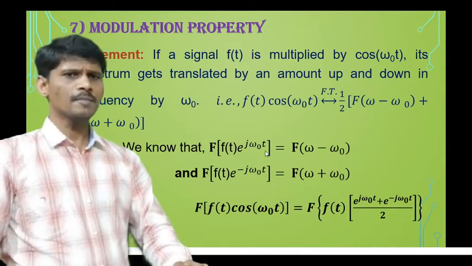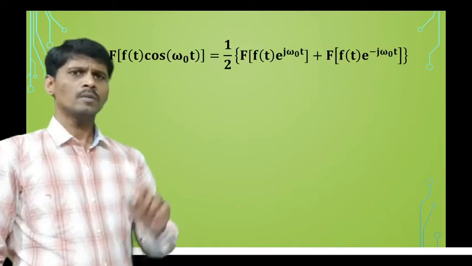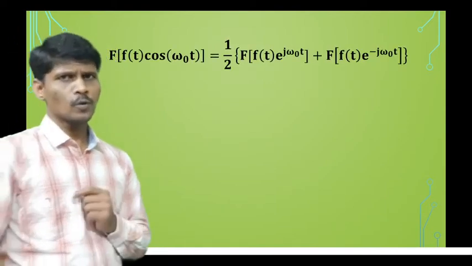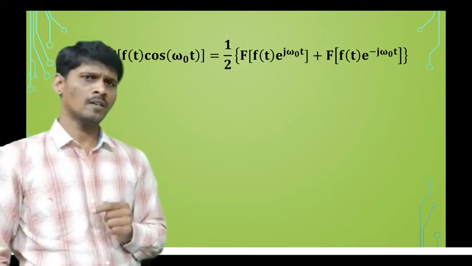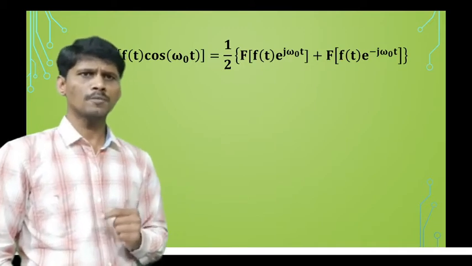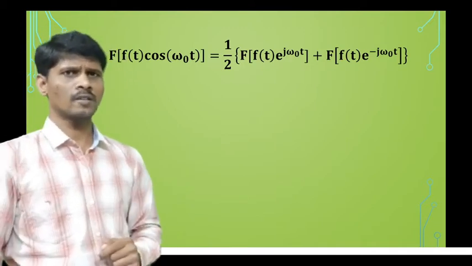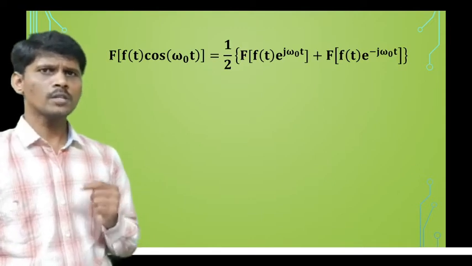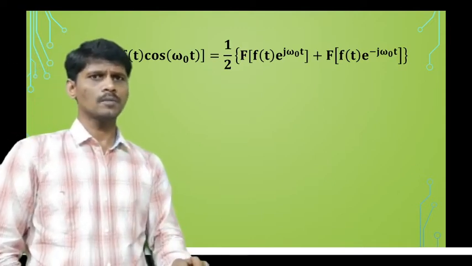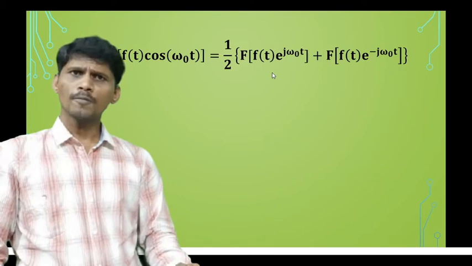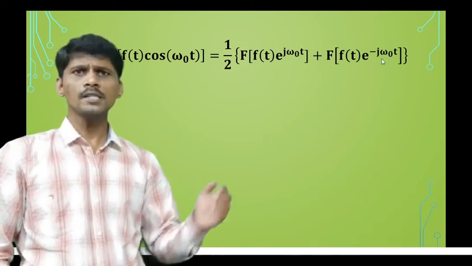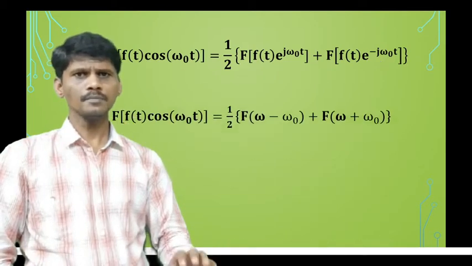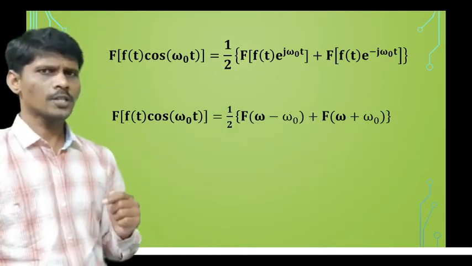So multiplying f of t within the bracket term, we have 1 by 2 written before the Fourier transform: Fourier transform of f of t e power j omega naught t plus Fourier transform of f of t e power minus j omega naught t. So using the frequency shifting property of the Fourier transform, the first term value is F of omega minus omega naught, and the second term value is F of omega plus omega naught. So that is the modulation property.